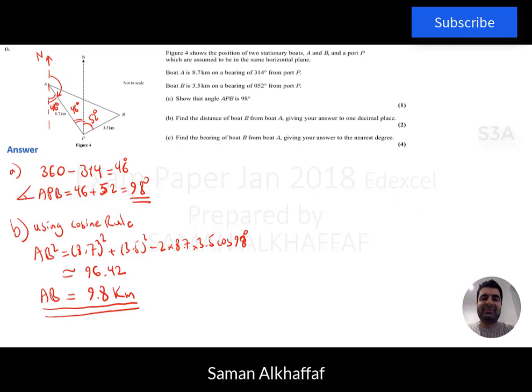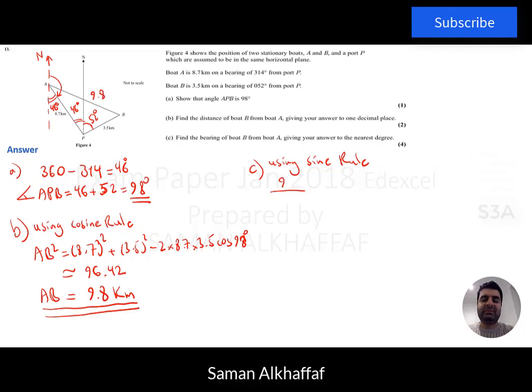Now, for part C, we need to find the bearing of boat B from boat A, giving the answer to the nearest degree. So for part C, we can use the sine rule. In this scenario, we managed to find the AB distance, which is 9.8.